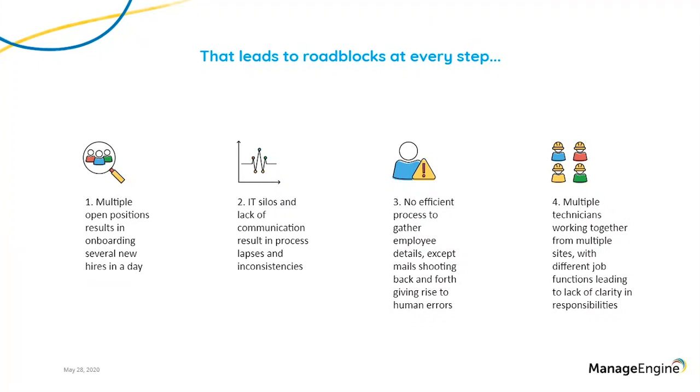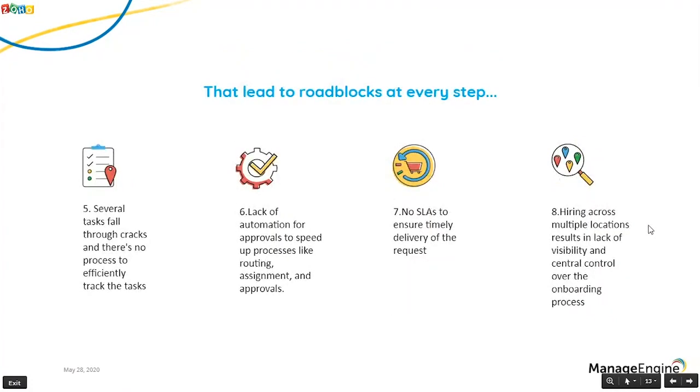Apart from this, you would also have multiple technicians, like we saw, working in multiple sites with various job functions, leading to a lack of clarity in their roles and responsibilities. And if they do not know what they're working on, there would clearly be a lot of tasks which would fall through the cracks, and there would not be a centralized area where these tasks are being tracked as well.